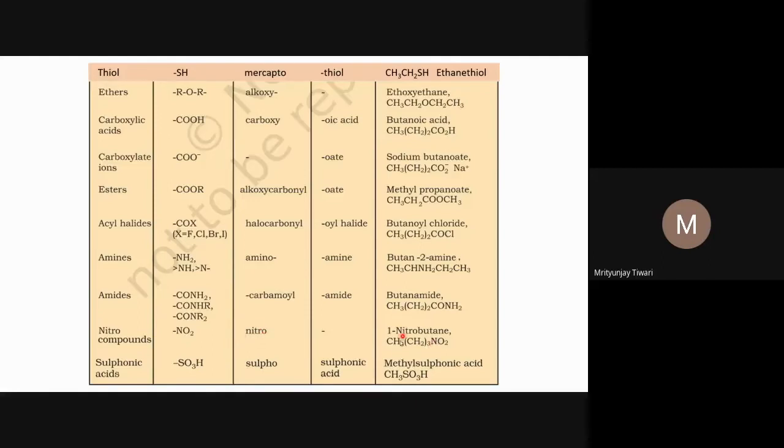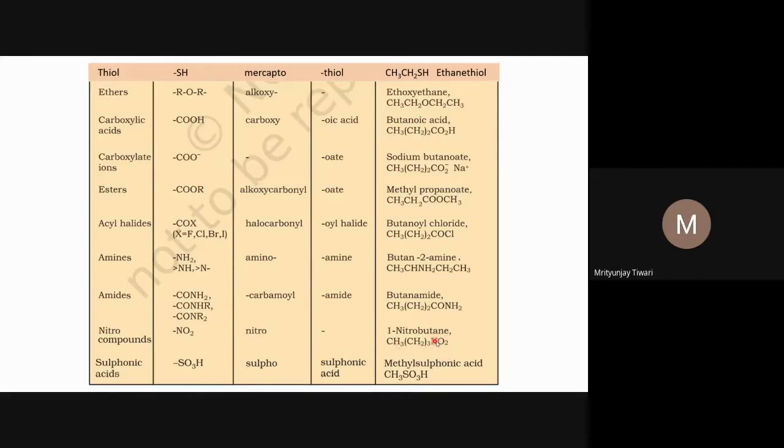Now if you see the CH3, CH2, CH2, CH2, NO2. So 3 CH2 groups and 1 CH3 means this NO2 is attached to the last carbon atom on the right hand side. And numbering will be done from the right hand side to the left hand side, to give the carbon atom that is attached to the NO2 group the lowest number, so 1, 2, 3.